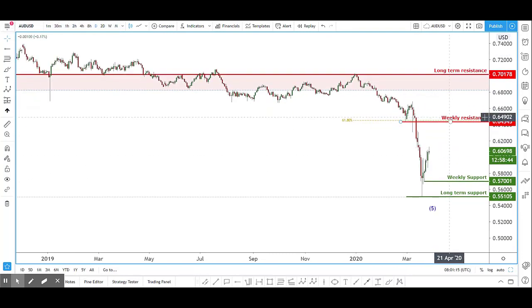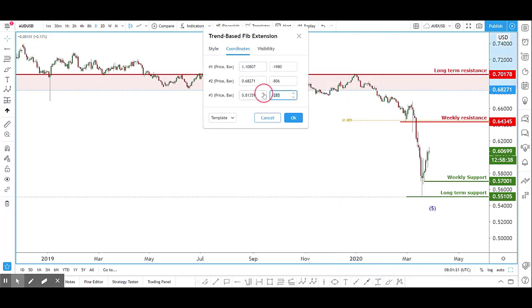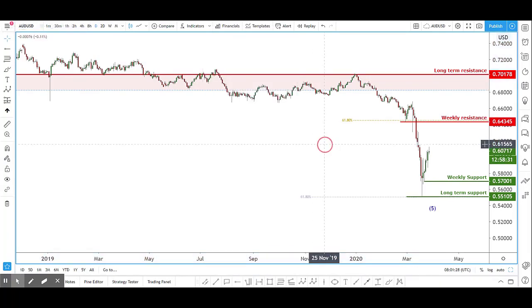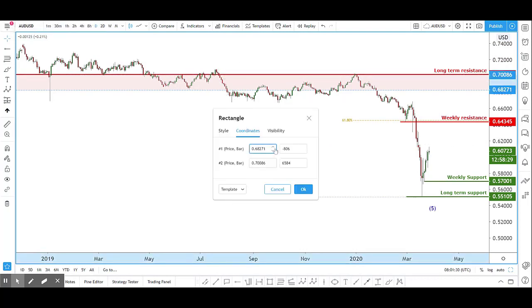And let me tidy up this chart for you. Let's remember that this is the long-term Fibonacci 5 projection. Right, this is a zone.